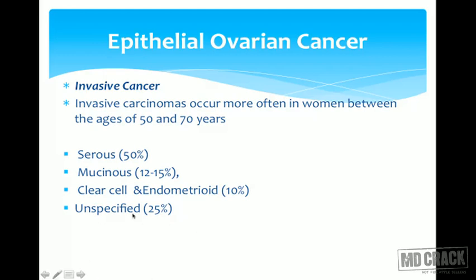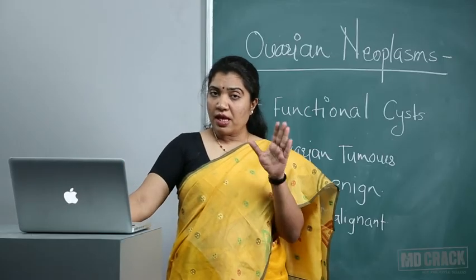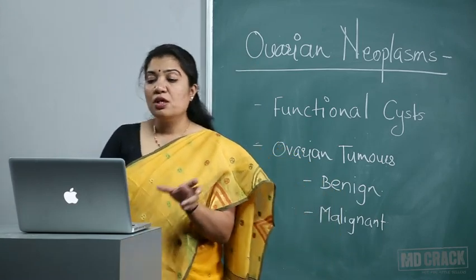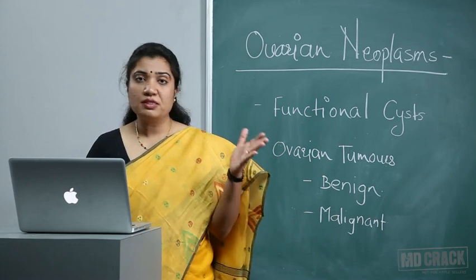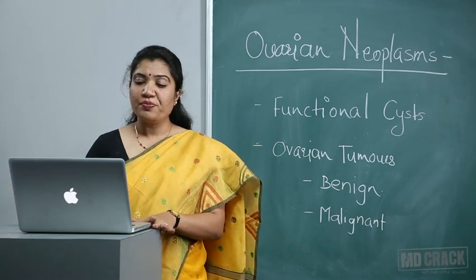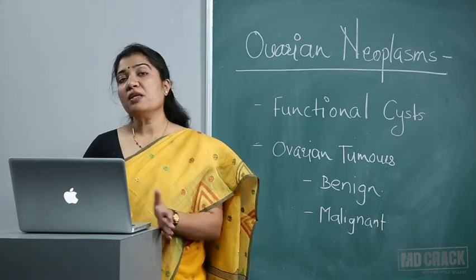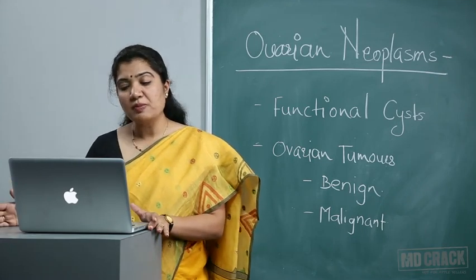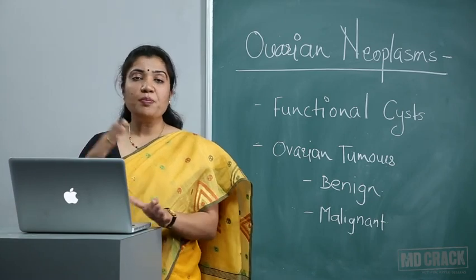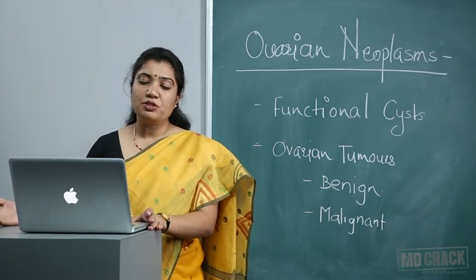The important varieties are serous, mucinous, clear cell, endometrioid and unspecified. Now over here, as I told you in the last slide, they can be benign and they can be malignant. So serous cystadenoma is a benign variety and serous cystadenocarcinoma is a malignant variety. Mucinous cystadenoma is benign, mucinous cystadenocarcinoma is malignant. So this is how they are of benign type, where there can be even malignant change.